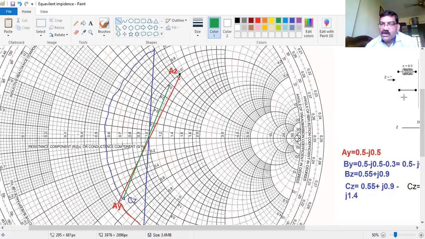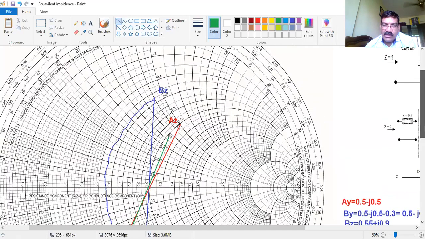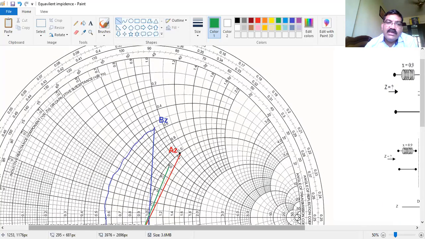How much? Anybody got the answer? Yes, 1 plus j0.9. Correct. This is the one circle. So this is 1 plus j0.9. The points are coming near to each other.